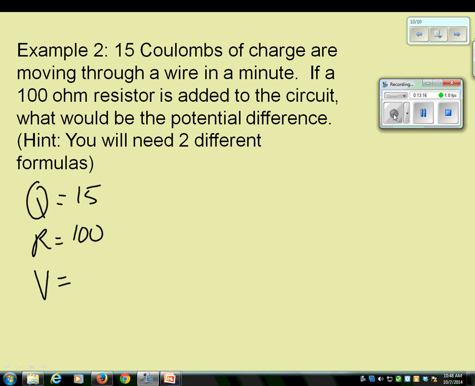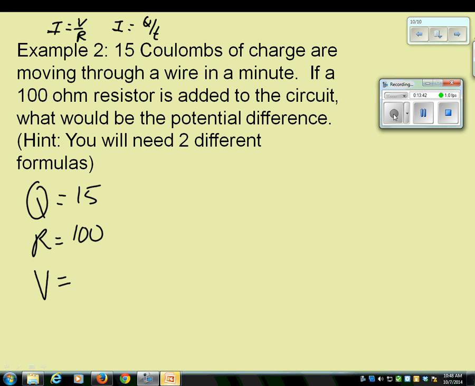Okay, so I need two formulas here. I need one with V in it. Should we write out all the formulas that we have? The latest one that we have is I equals V over R. And what are the ones we had before? I equals Q over T, and there's one with E in it.